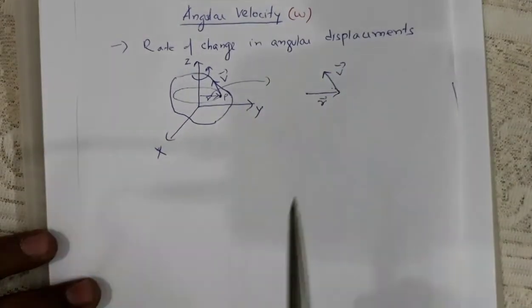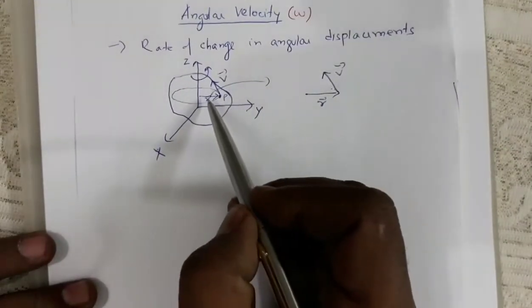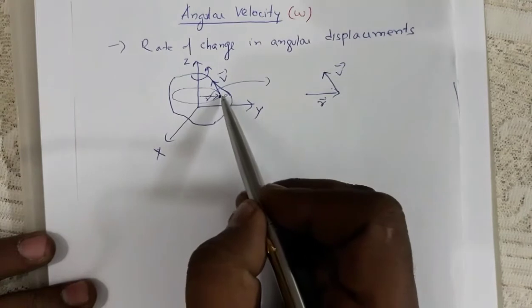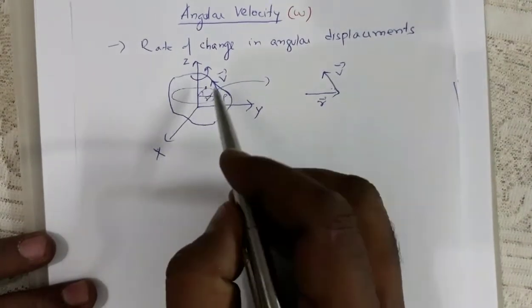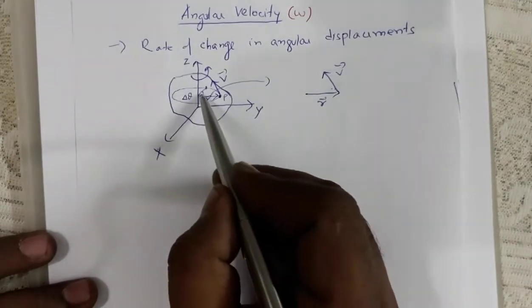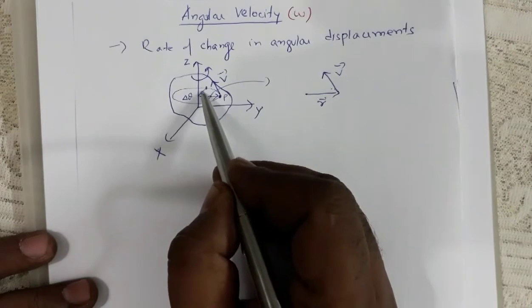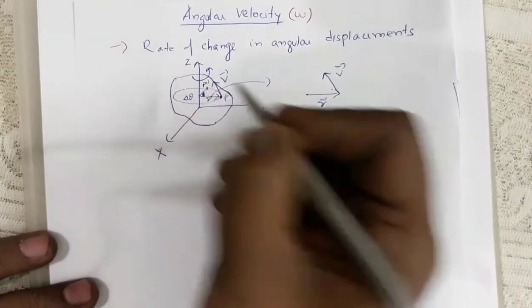After some time, say after some time delta t, this point P reaches this particular location by moving through an angle delta theta. So this angle is delta theta, and this is the new position P prime.